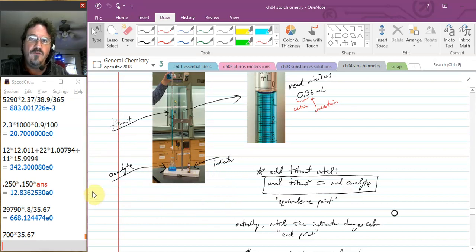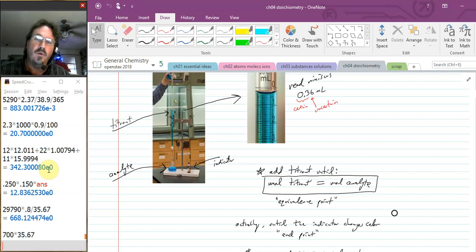Now, hopefully, that change is at exactly the same as the equivalence point. We want it to change right when we've added the same amount of moles of titrant as we had analyte. So a good indicator, if we choose properly, will show its endpoint at exactly the same place as the equivalence point.